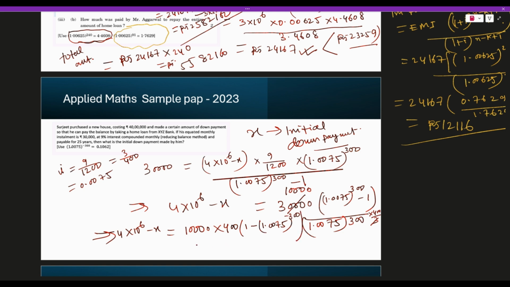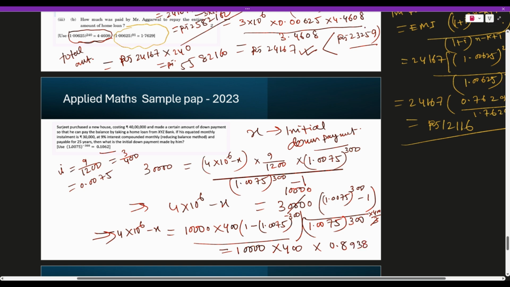This calculation I'll do by calculator because the value 1.062 is given. So in my calculation, it is going to be 10,000 into 400 into 0.89, 1.08938.